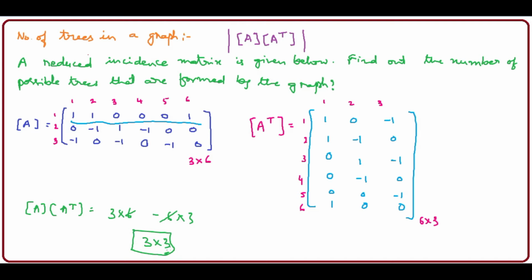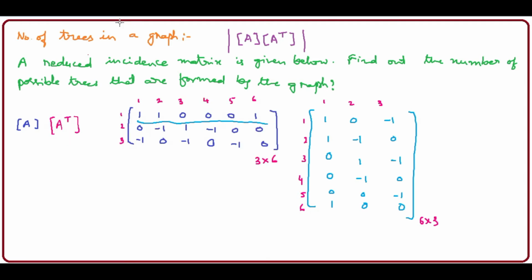Let's move on to the next page, so that we can find the 3 by 3 matrix. If I consider A into A transpose, this will be equal to this. Now we need to perform the matrix multiplication.